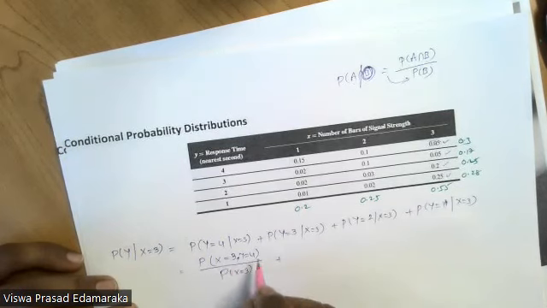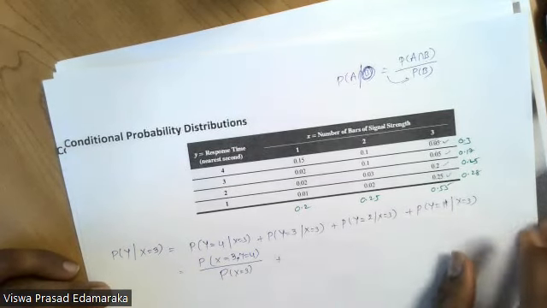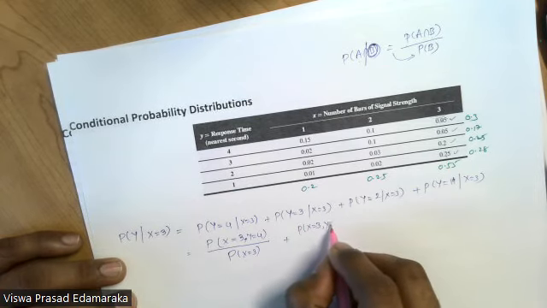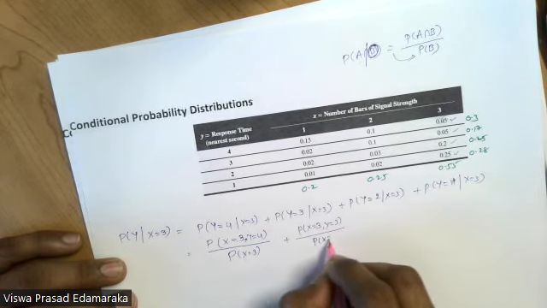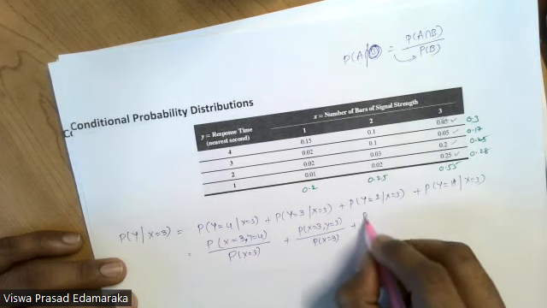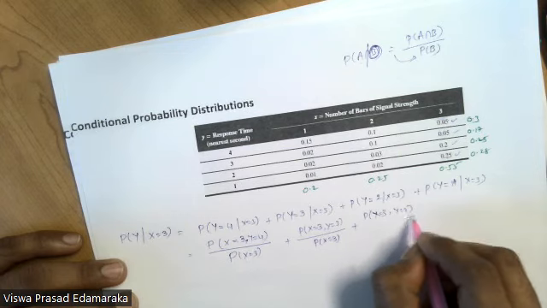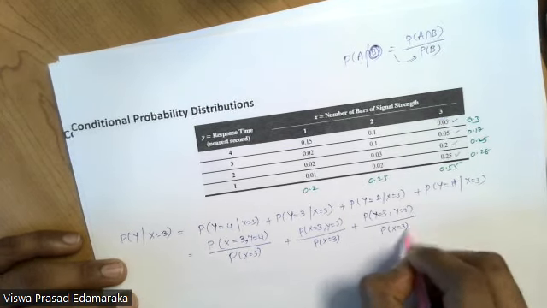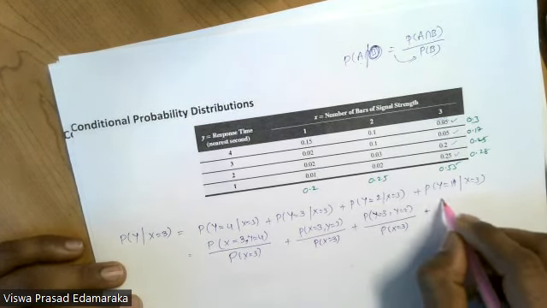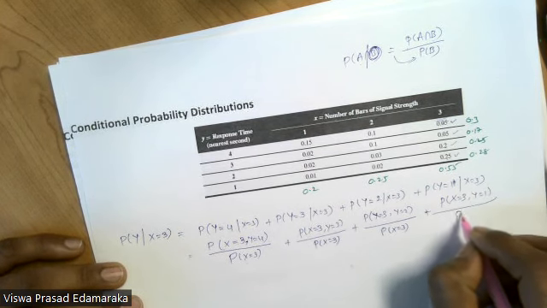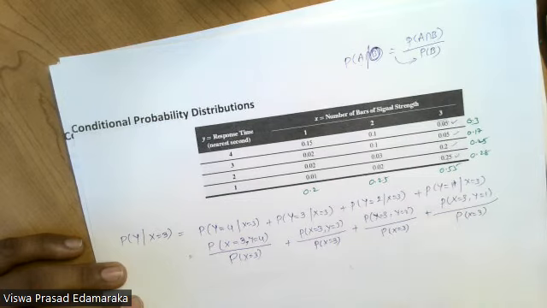So here also 3 and 4, and the denominator is P of x equals 3. Then P of x equals 3 and y equals 3 given P of x equals 3, P of x equals 3 and y equals 2 with denominator P of x equals 3, plus P of x equals 3, y equals 1 and P of x equals 3.